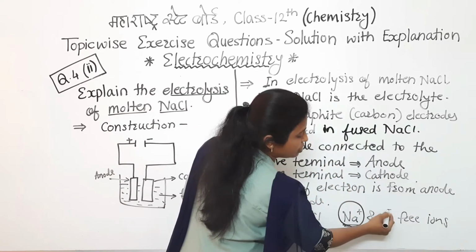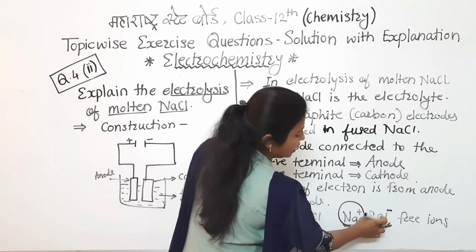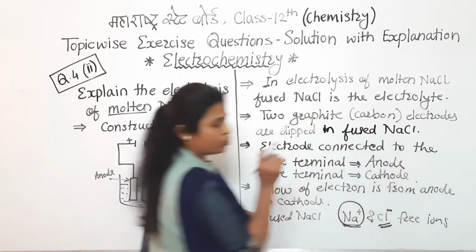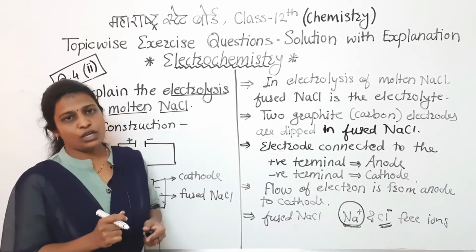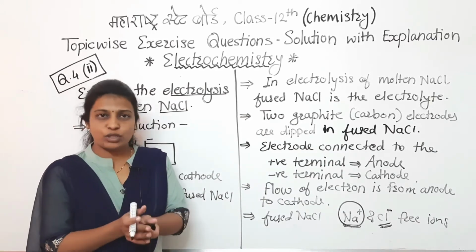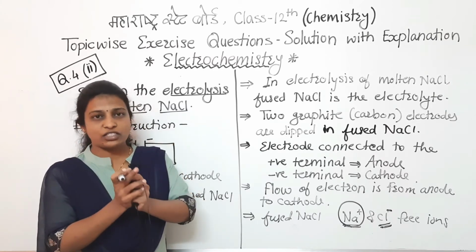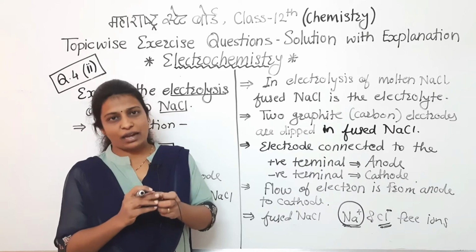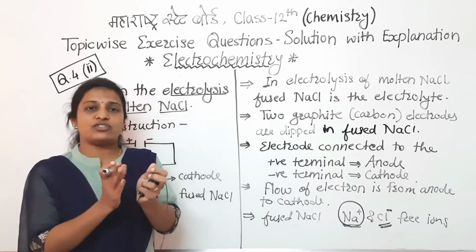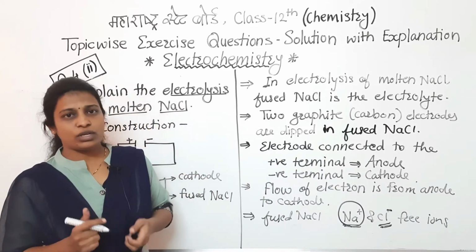Cl-, which is negatively charged, will get attracted by the anode, or they will move towards the anode, because anode is connected to the positive terminal. As we know, when oppositely charged particles are there, they will get attracted, and if same charge is there, then they will repel each other.